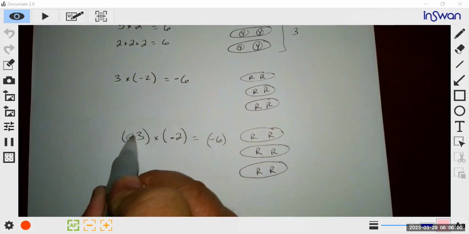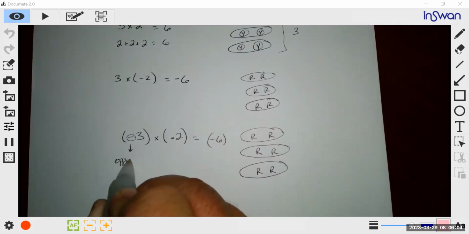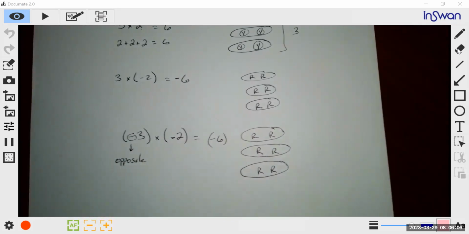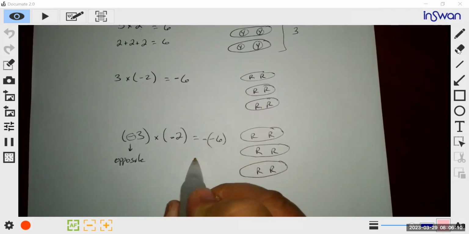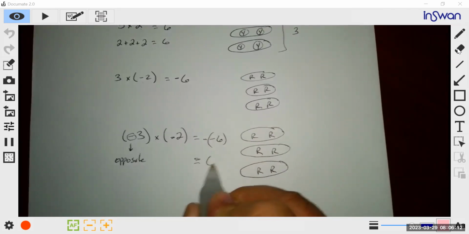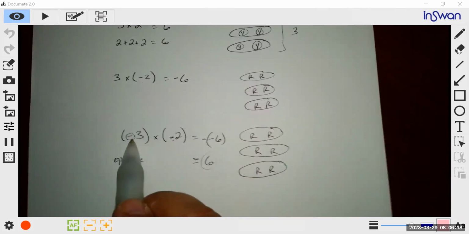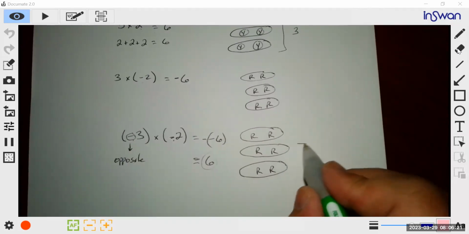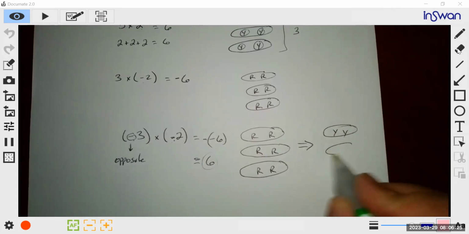But because the number of groups is negative, this means the opposite. So the opposite means just change the sign. Negative and negative is a positive. So the answer is positive. Notice what it says here is we have red chips. They change color. So what happens is they all become yellow chips.